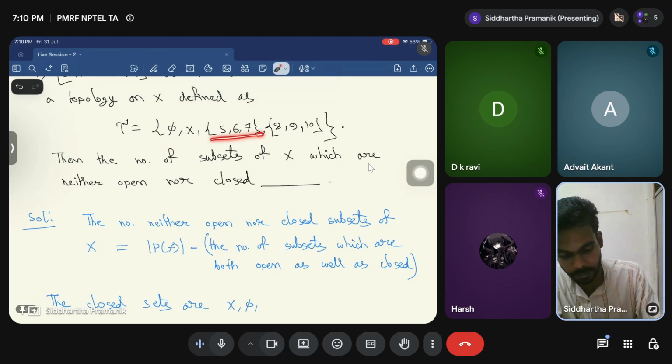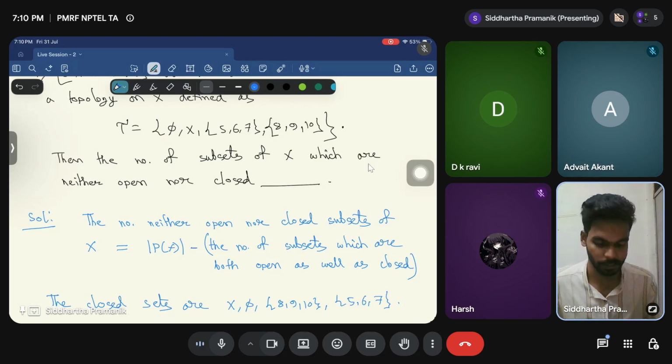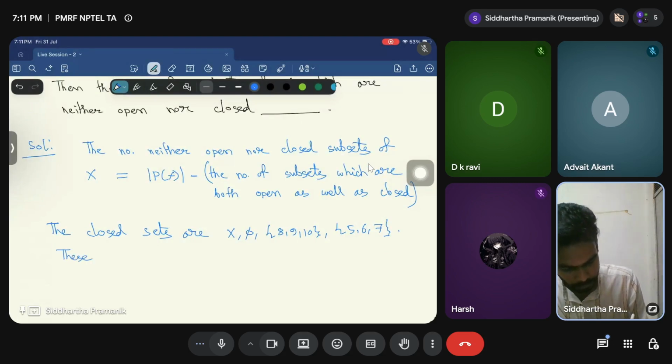Complement of 5, 6, 7 is just 8, 9, 10. And complement of 8, 9, 10 is 5, 6, 7. So you have exactly 4 closed sets, and these are exactly the open sets. So these are both open as well as closed. So you have 4 sets, the both open as well as closed sets.